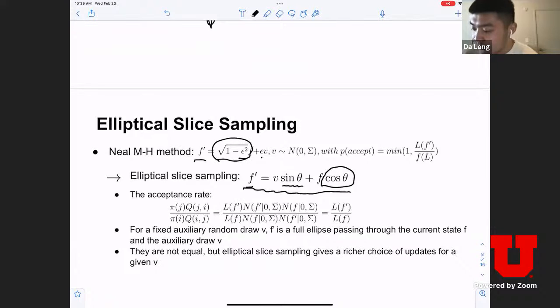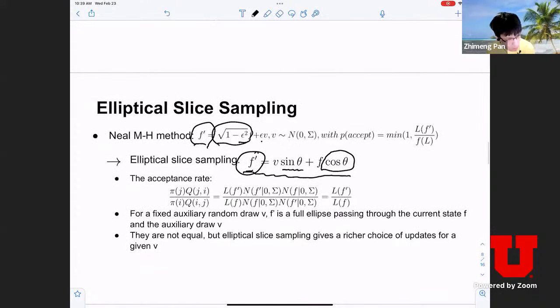So actually the sample region for the new sample is larger than in the MH sampling method. It gives a richer choice for the new sample.